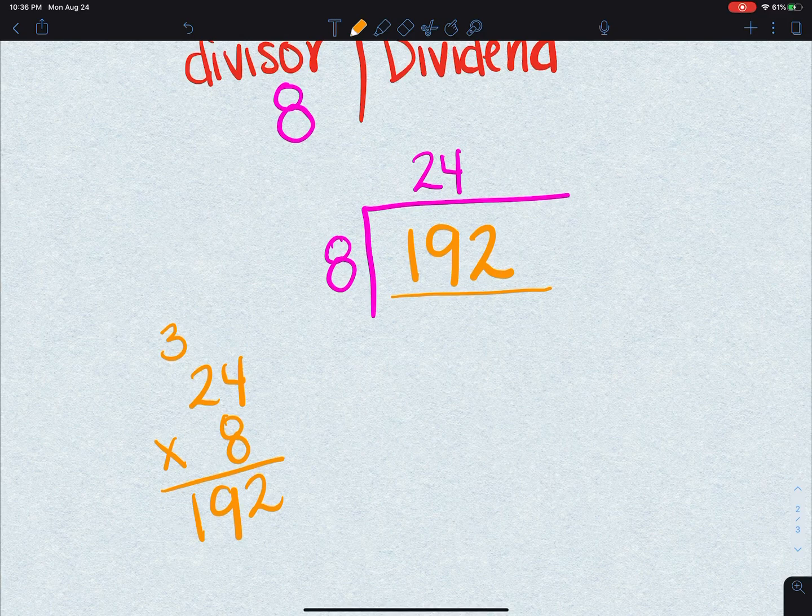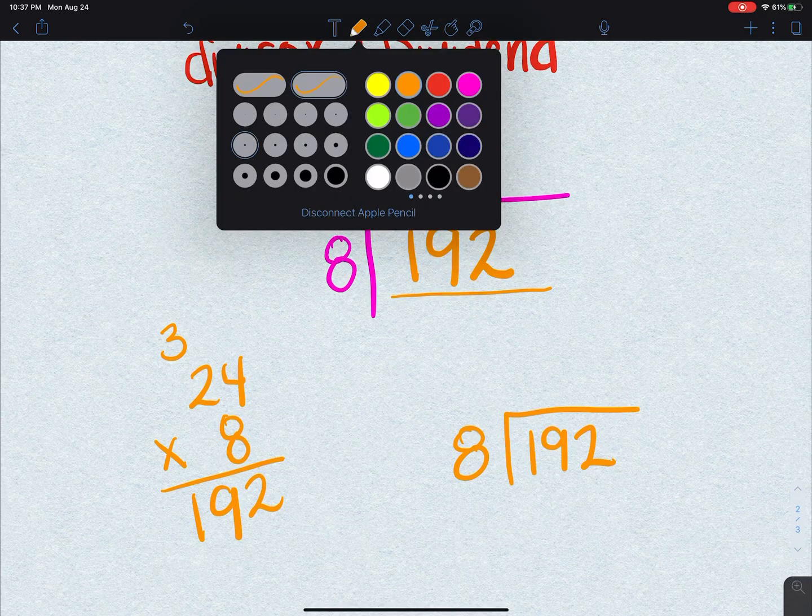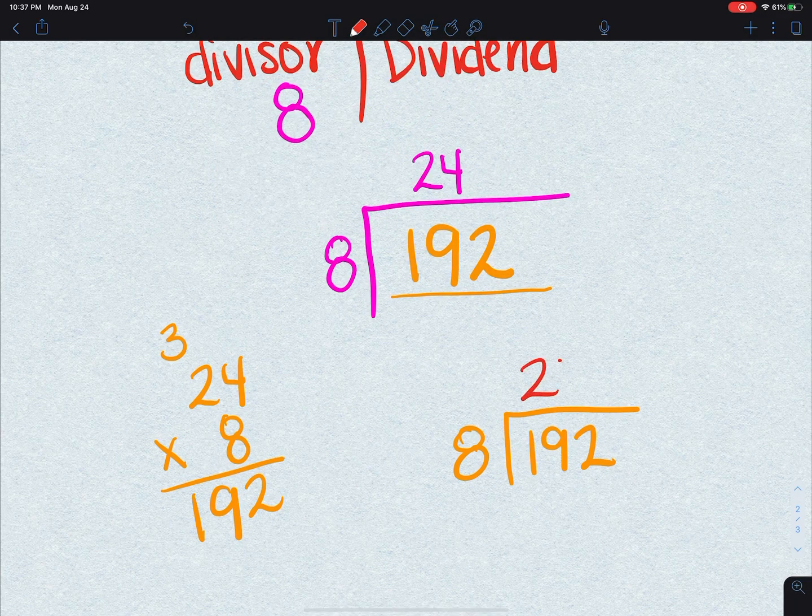And you could even check your answer by doing this division problem. 192 divided by 8 and see what you get. And you should get 24 if you do that division problem. Okay, so that's pretty much all you missed on your math.